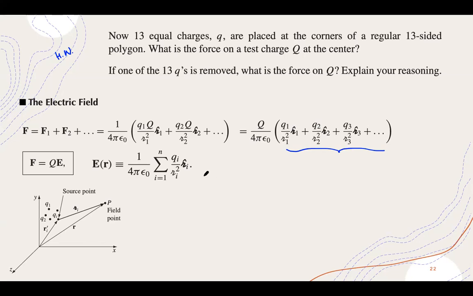An important thing to understand here is that the electric field is a function of R, which is the position vector. Let's suppose you want to calculate the electric field of a charged particle, and you want to calculate the electric field at this point.